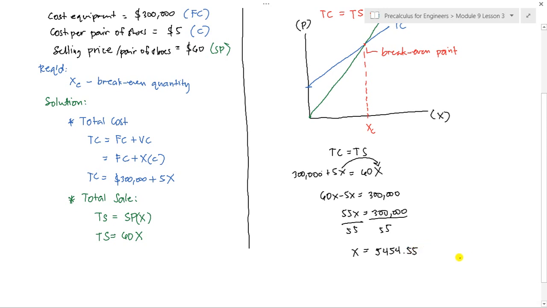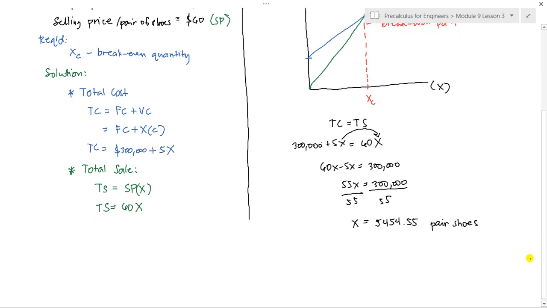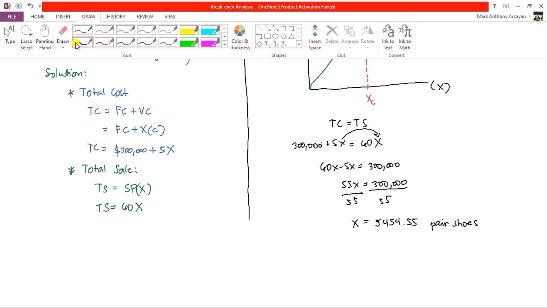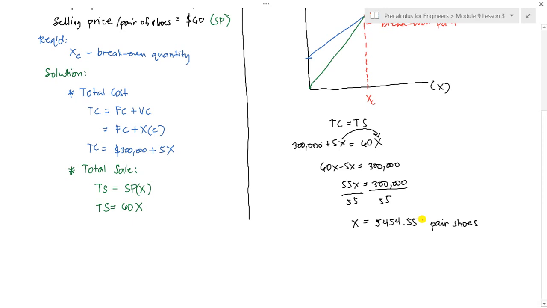Okay, pairs of shoes. But I have a question here. Now, a question: what is your answer? There is no such thing as a fraction of a pair unless it is half a shoe, so that is impractical. Therefore, there are two possible answers.